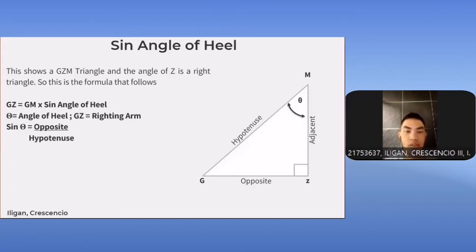Sine of the angle of heel equals opposite over hypotenuse, from the formula SOHCAHTOA, where GZ is the righting lever and GM is the hypotenuse. Opposite over hypotenuse.